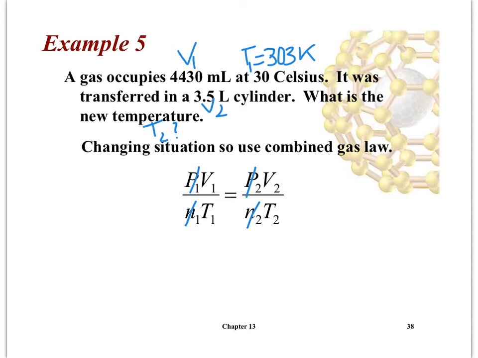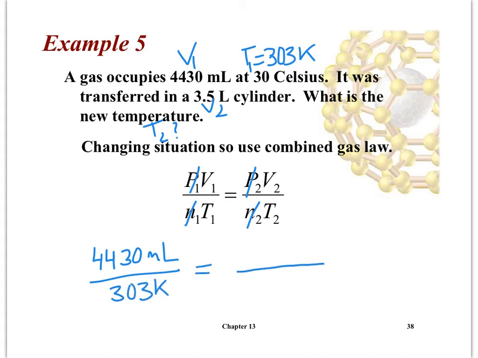I'll plug in my numbers. So my V1 is 4,430 milliliters. My T1 is 303 Kelvin. My V2 is in liters, so I need to convert that to milliliters. So either you convert both of them to liters or both of them to milliliters.